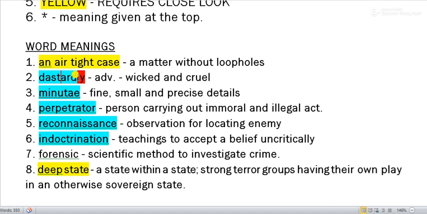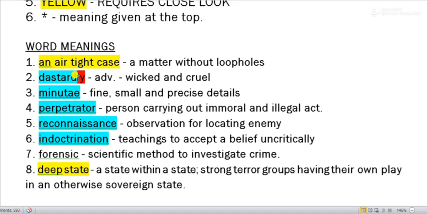These letters ly coming at the end of a root word, this dastard will be called a root word, and adding ly makes it an adverb. This ly is called a suffix.